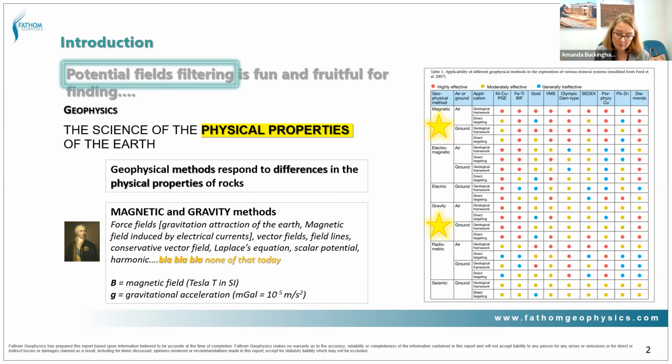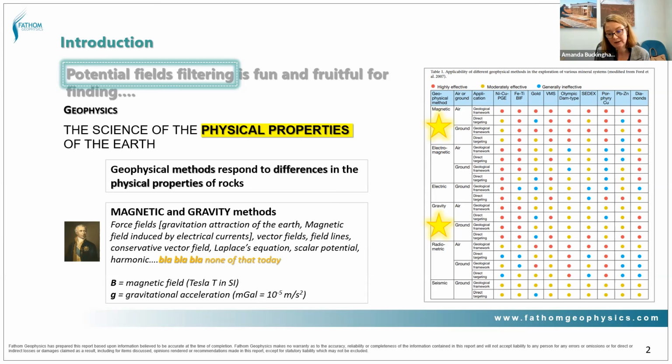Probably the most important point is that all you're doing is looking at a map of different physical properties of the Earth. And so if you're looking at magnetic data, you're looking at changes in magnetic susceptibility. You're basically looking at which parts of the Earth have a lot and not much magnetite. And if you're looking at a gravity map, you're basically looking at changes in density.